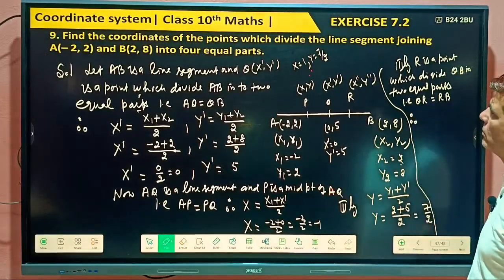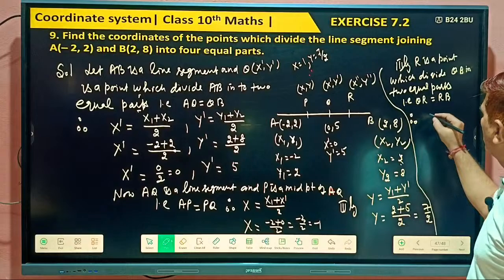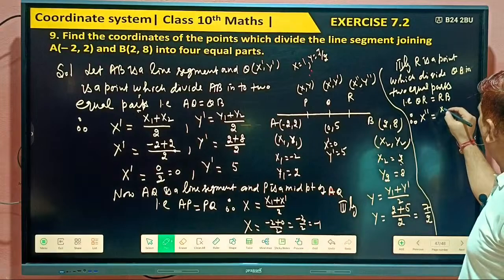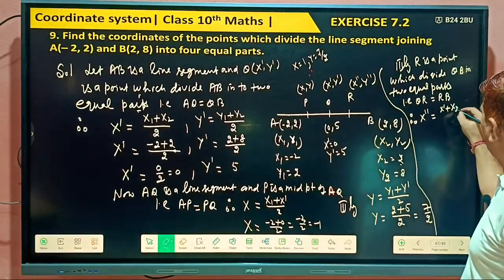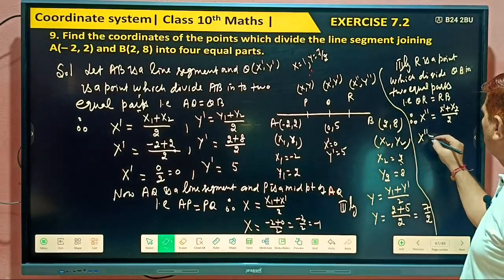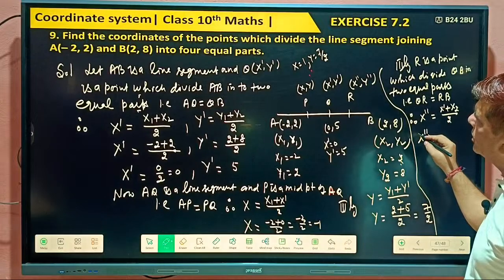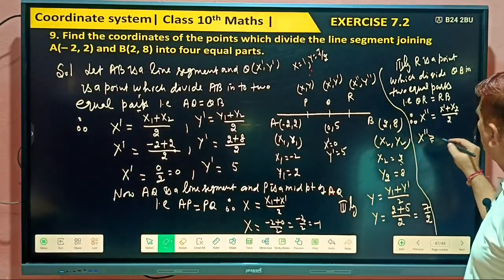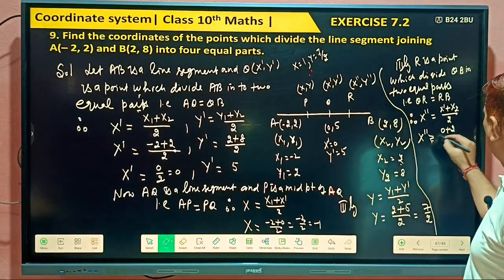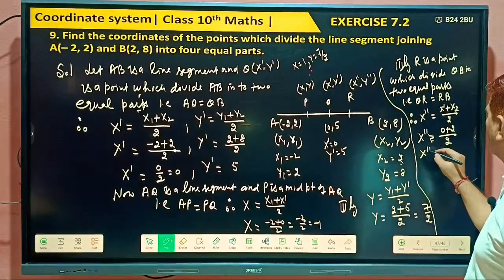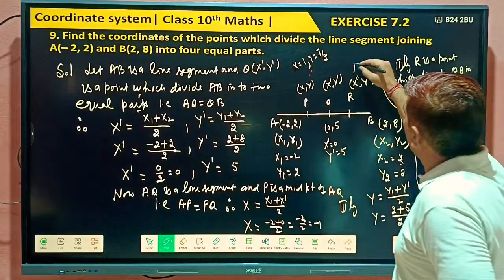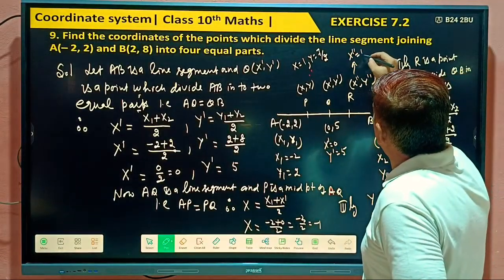Therefore, whose coordinates do we have to find out? x double dash is equal to x dash plus x2 by 2. So x double dash is equal to x dash is 0, x2 is 2, so 0 plus 2 divided by 2, which is 2 by 2 equal to 1. So we can say here x double dash is equal to 1.